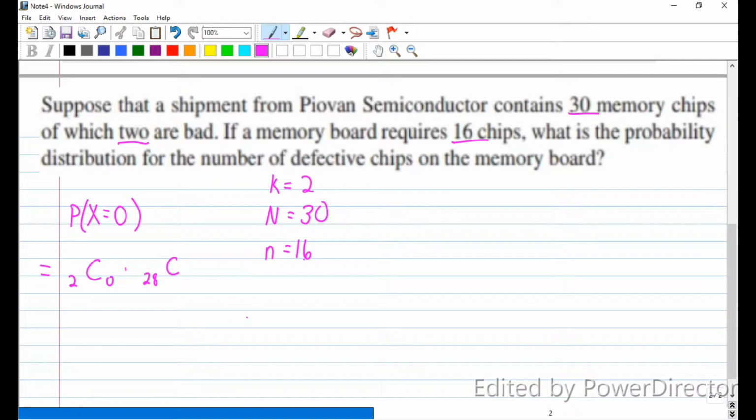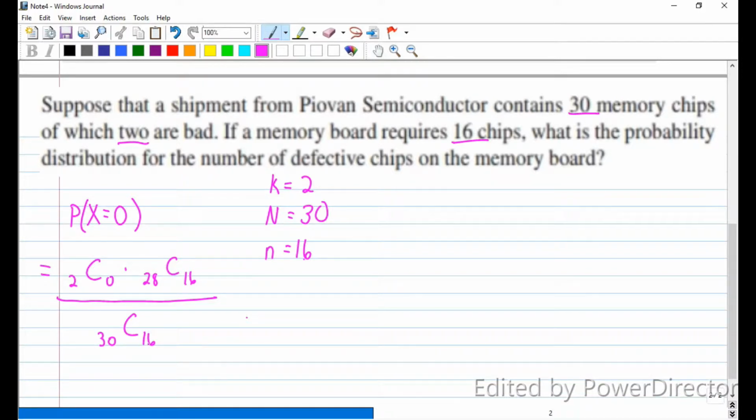Little n minus X is going to be 16 minus 0. That's 16. Divided by, then it's capital N, C, little n. So that's going to be 30 C 16.